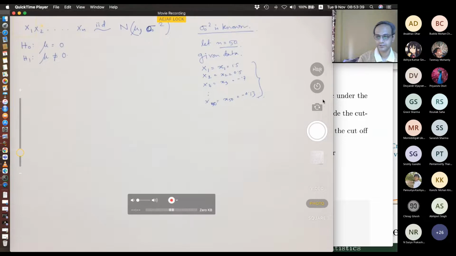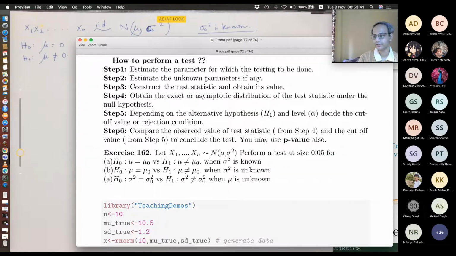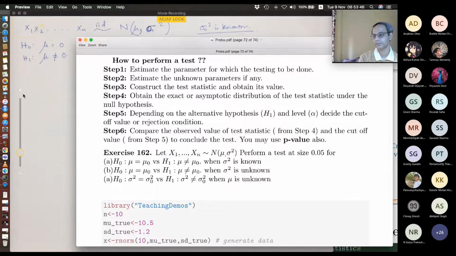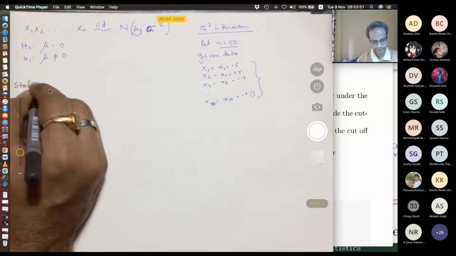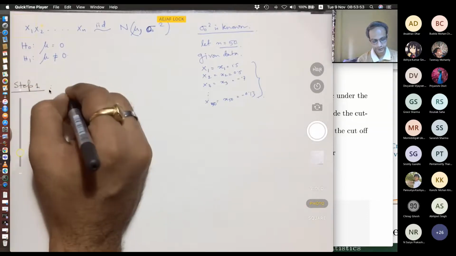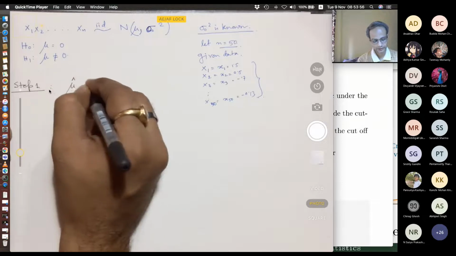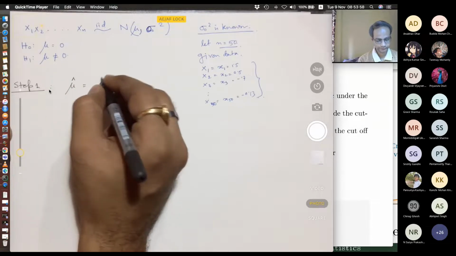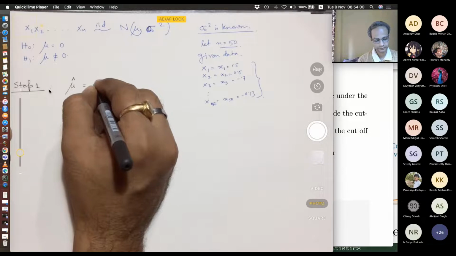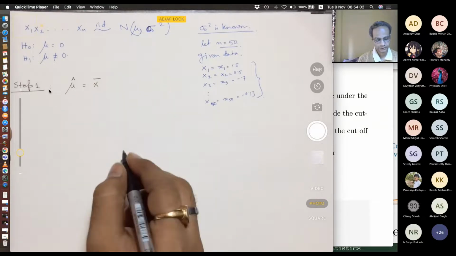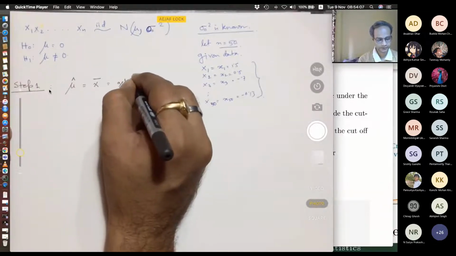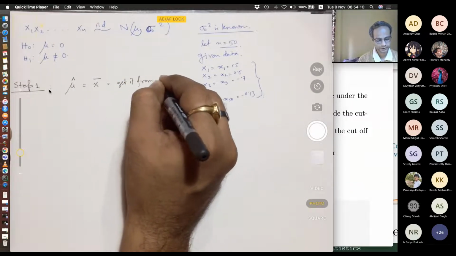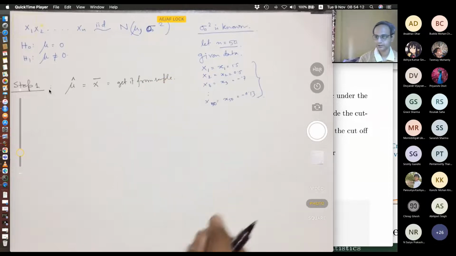So let us go step by step. First, estimate the parameter for which you are doing the testing. So step 1: mu hat equals x bar, and you get it from the sample.